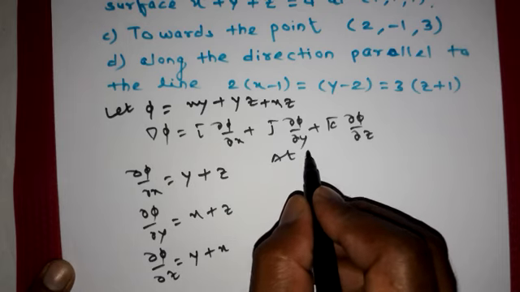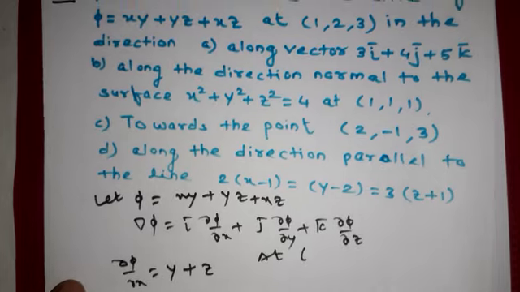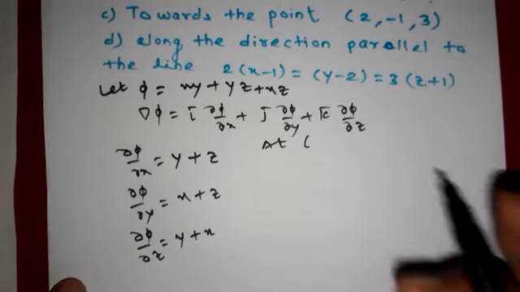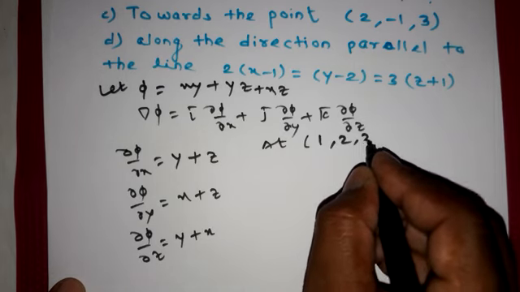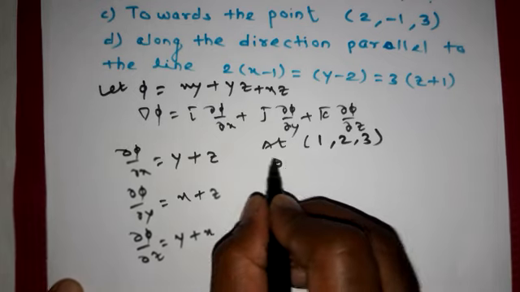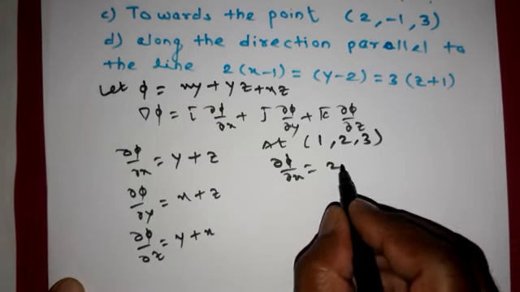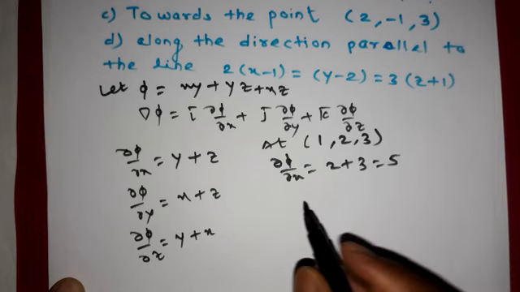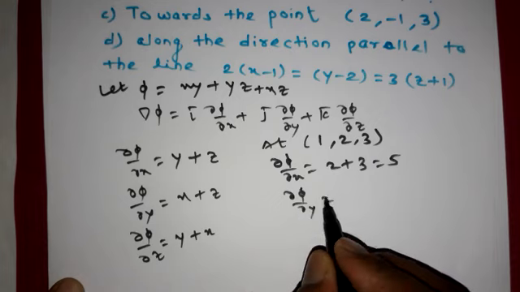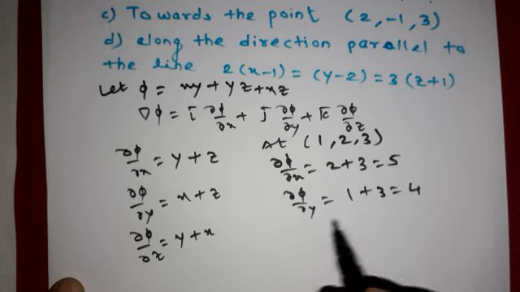At which point we have to find it? Yes, it is given in our problem at (1, 2, 3). So x equal to 1, y equal to 2, z equal to 3. Put the value here. Dou phi by dou x at (1, 2, 3) is 2 plus 3, so it is 5. Then dou phi by dou y at (1, 2, 3) is 1 plus 3, so it is 4.